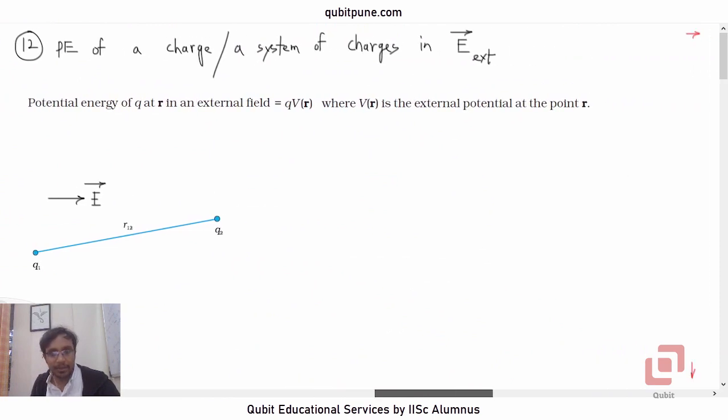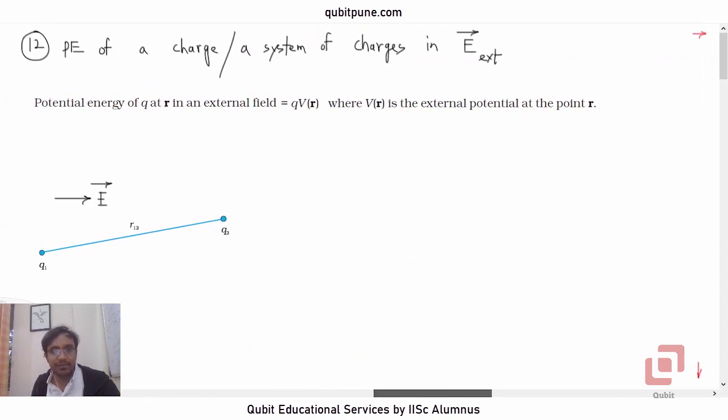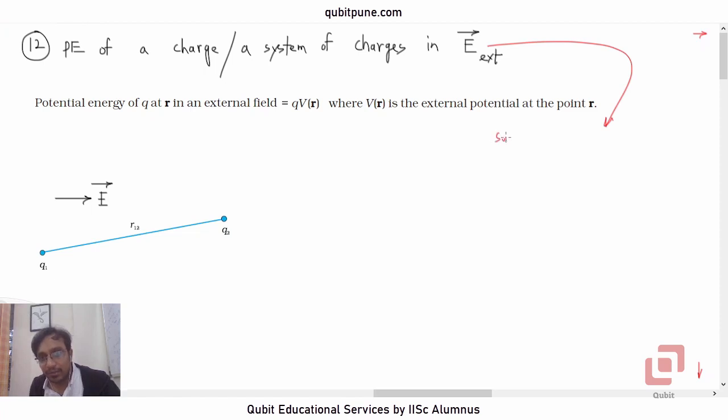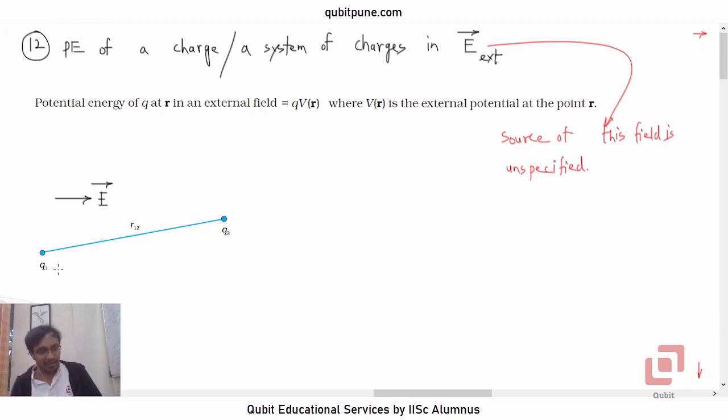So we now discuss potential energy of a charge or a system of charges in an external electric field. The source of this field is unspecified.